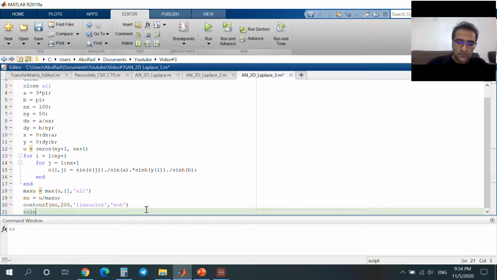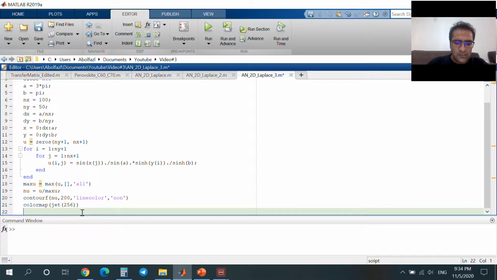Then let's define the color map. The color map plots my function in some family, and here I choose the jet family. This is just some colors, and the maximum number of colors in this family is 256, right?